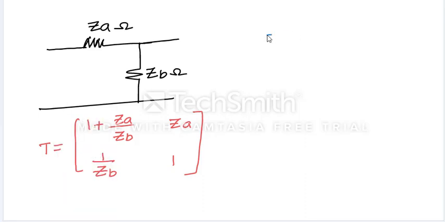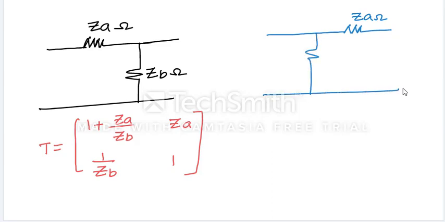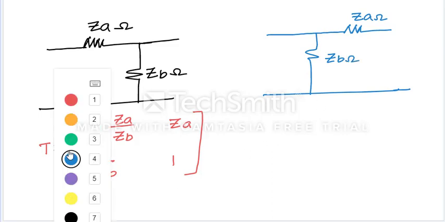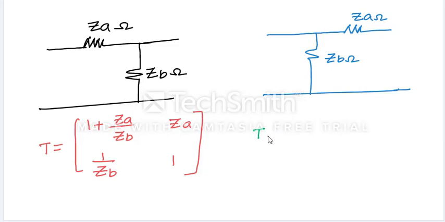Fine. And if the network is like this, now this is ZA ohms and this is ZB, which is also ohms only now. Again here also, what we can say now here, the T matrix in this case. Now we'll start from here.